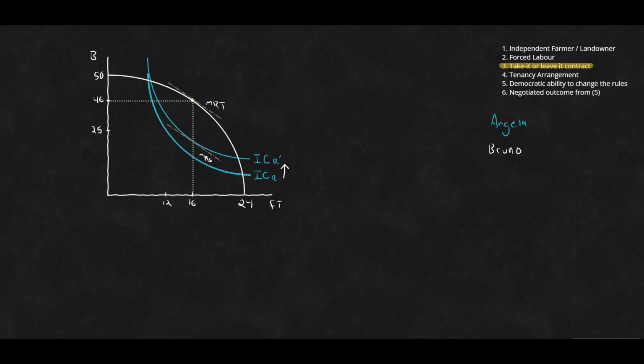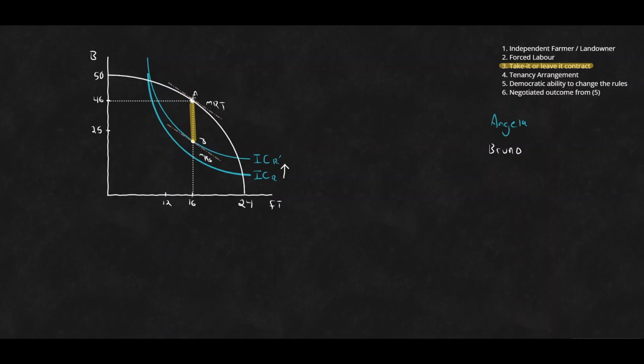And of course, everywhere between point A and point B, these are all of our Pareto efficient distributions of how we could split this 46 up between Bruno and Angela in order to have a Pareto efficient distribution.